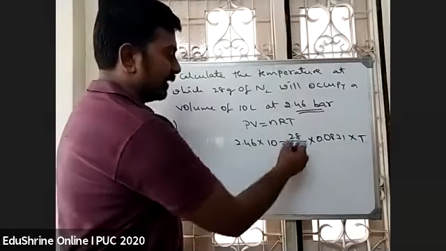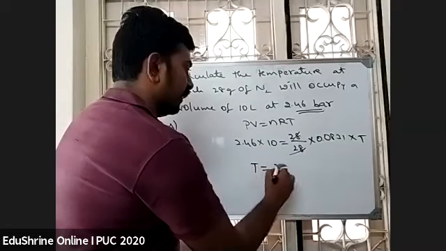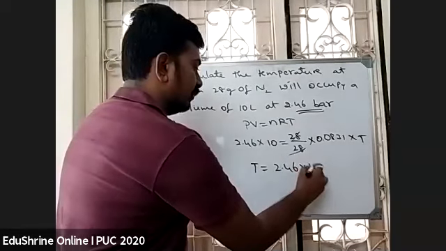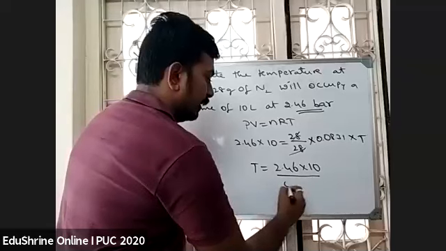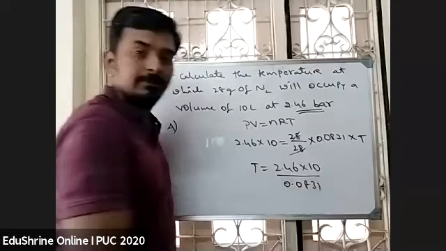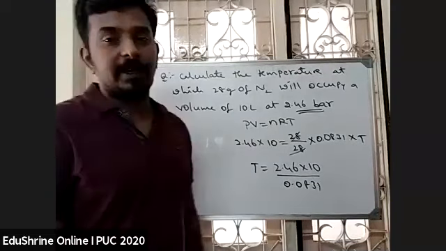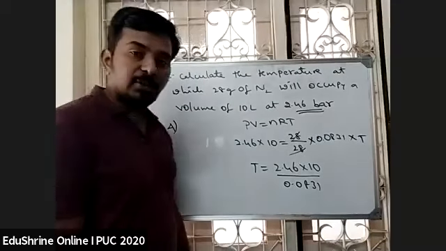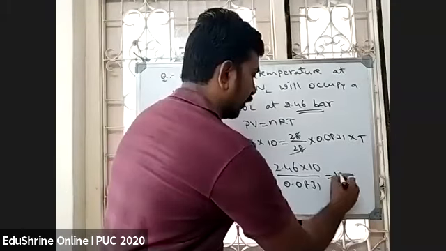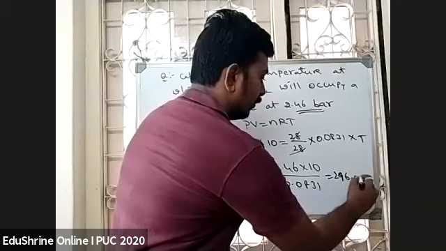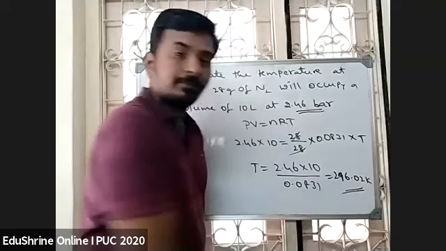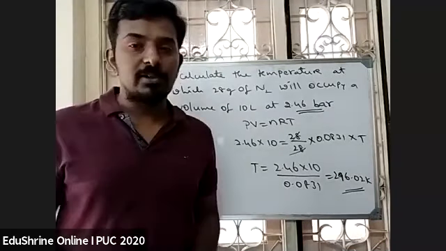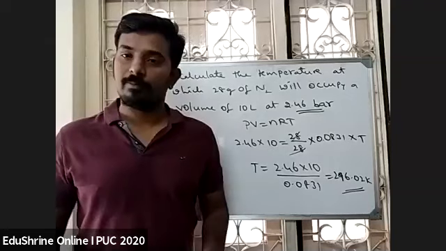So these two get cancelled out. So T value will be equal to 2.46 into 10 by 0.0831. This you need to simplify. What will be this value? 296.02 Kelvin will be the answer.